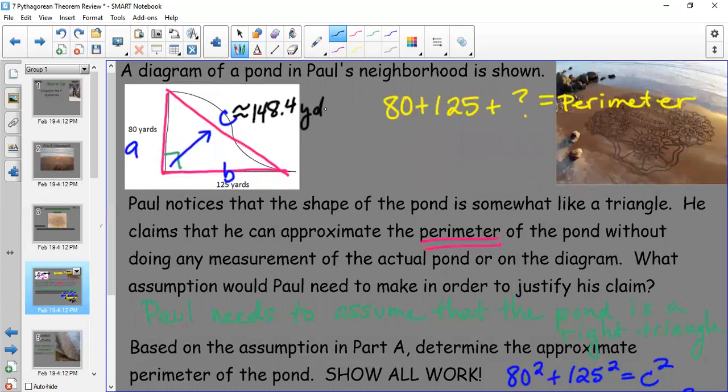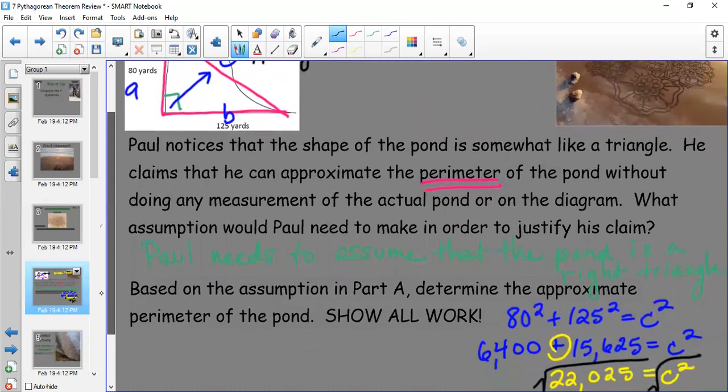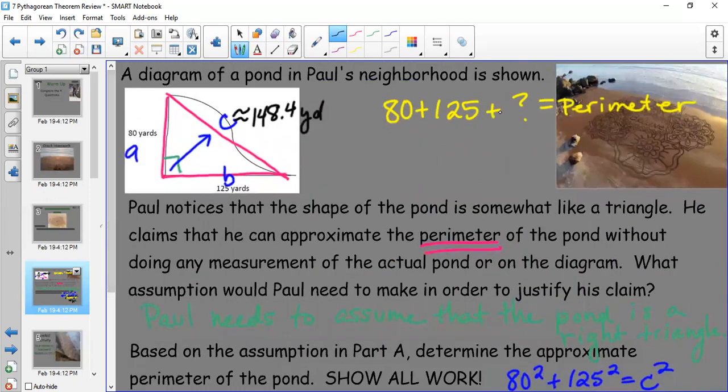However, I'm not done yet, because don't forget, we were trying to find perimeter. We just found a missing side. So now we have to go back up to our problem and fill in the third side, 148.4. So we have 148.4, add your 80, add your 125.